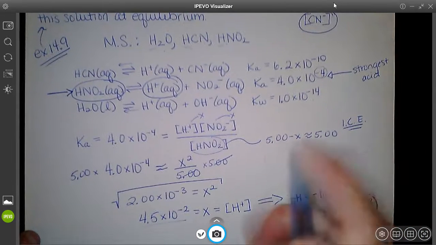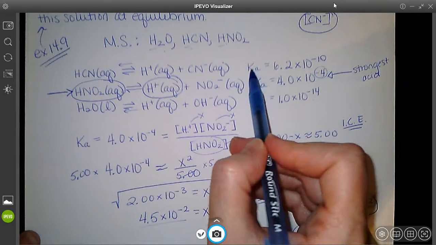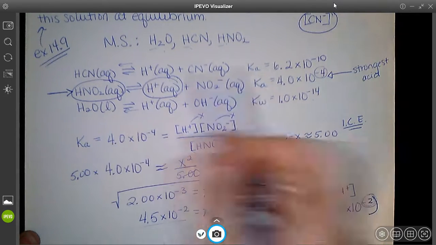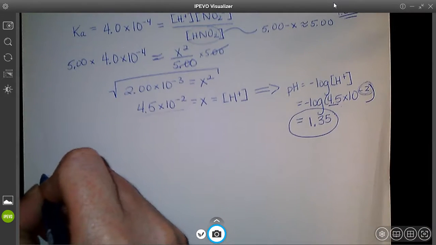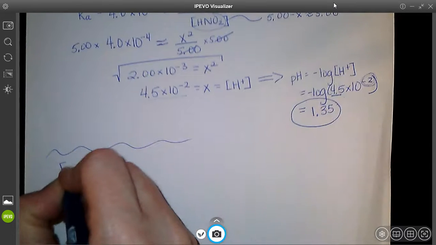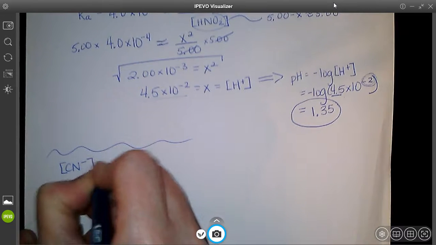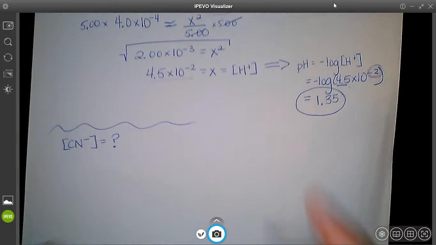For the second question, we want to know the concentration of cyanide ions. So we're going to have to use this Ka expression to solve for that. Okay, so now let's do the second part of the question. So this is the concentration of cyanide ions equals... in case you look back to your notes and say, why did I start with a new Ka?